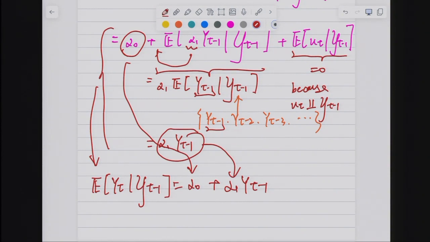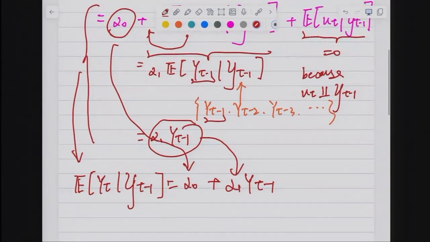Okay? This is something by now you should be very familiar with. I've shown the derivation multiple times. Okay? So this is the immediate consequence of the AR1 model assumption, which means, given this, the optimal one-step ahead forecast takes the same functional form, except that instead of having the lowercase t minus 1, the optimal one-step ahead forecast is based on the last observation in the sample, Y capital T.